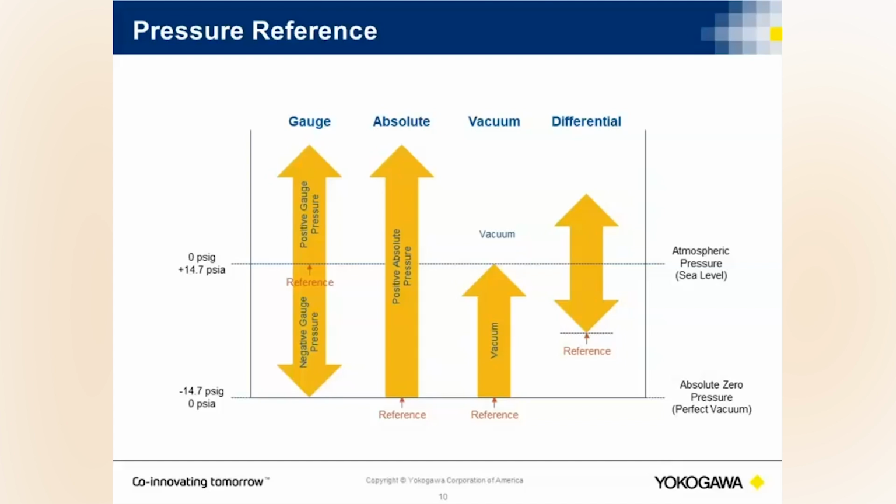So absolute pressure is always measured as a positive quantity. The vacuum also uses perfect vacuum as its reference and measures atmospheric pressure at the maximum level. And finally, the topic of discussion today, differential pressure references. So these actually measure two quantities and take the difference of the high and the low pressure.